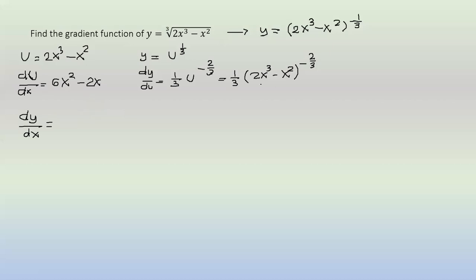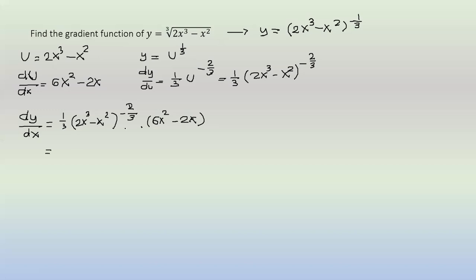So it means this term 1/3 times (2x cubed minus x squared) to the power negative 2/3 times 6x squared minus 2x. We may multiply 1/3 and this term.